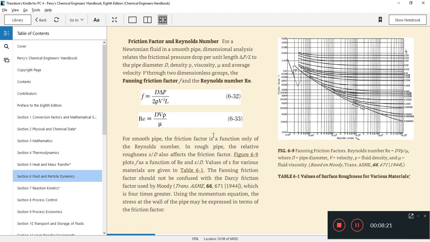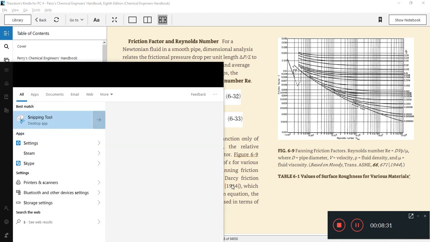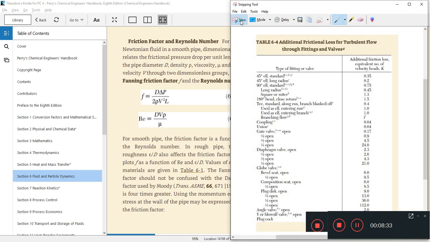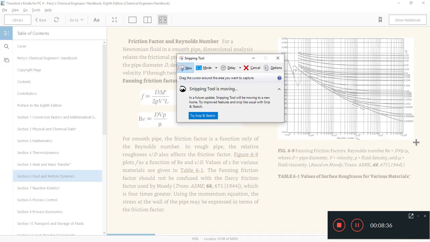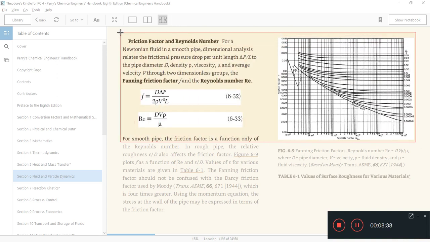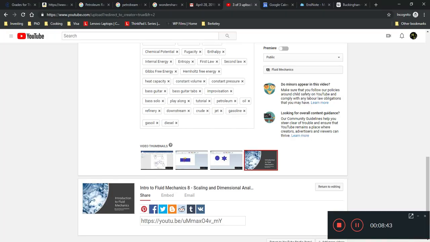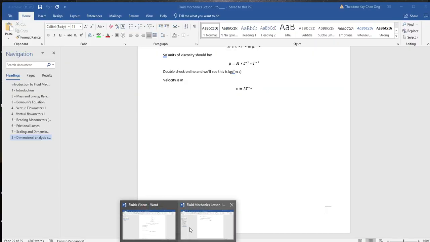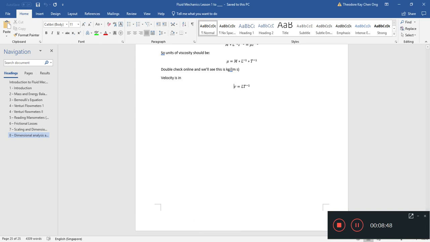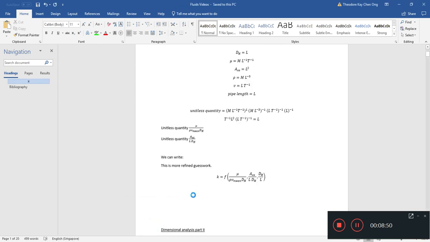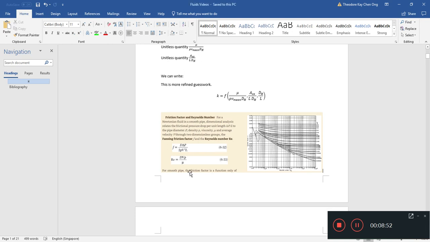There you go. Wow. Look at this. Okay, this is from Perry's. And take a look. We have this thing called the Reynolds number.